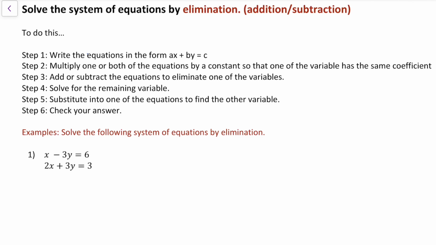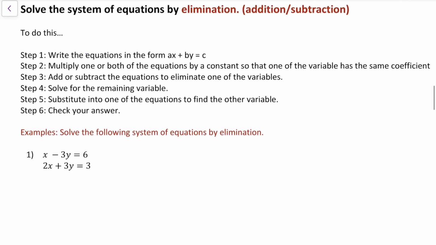Then we're going to make either our x's or our y's the same number. The sign doesn't matter, the same number or the same coefficient. So we're going to multiply one or both of the equations in order to make their x's and y's the same. Then we add or subtract in order to get rid of or eliminate one of those variables.